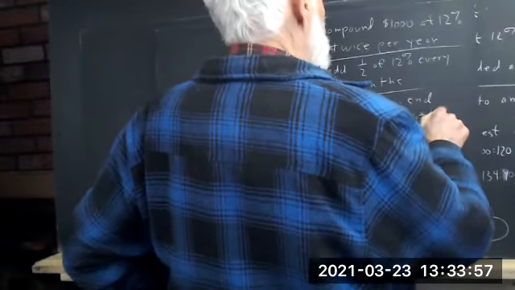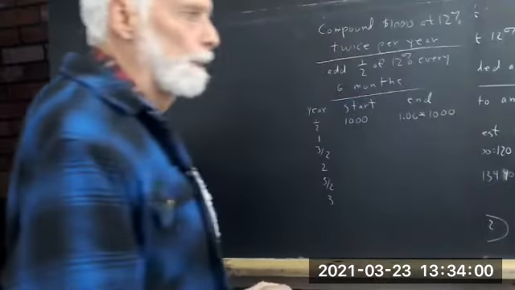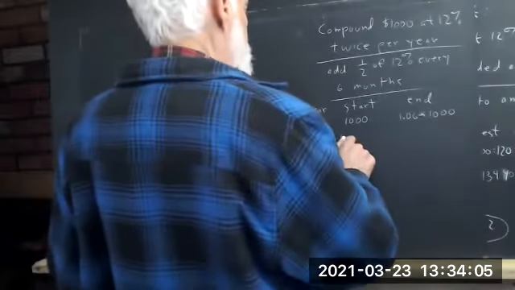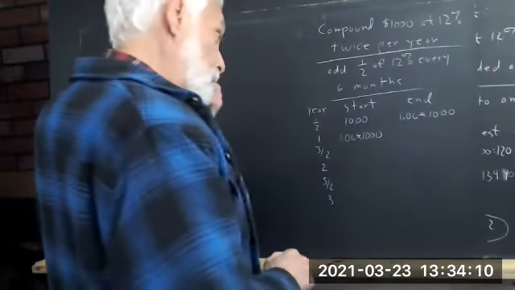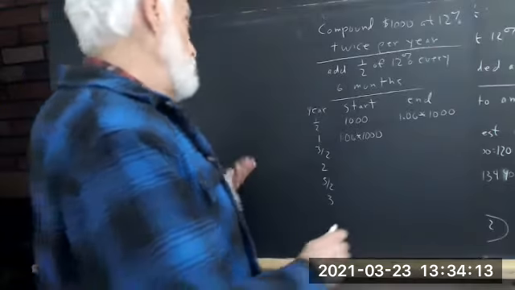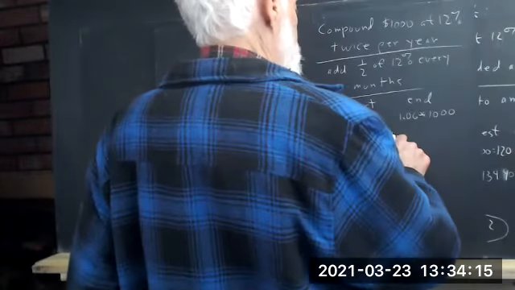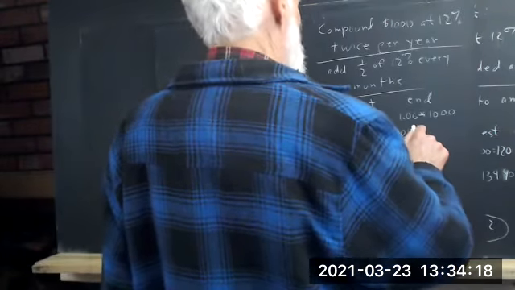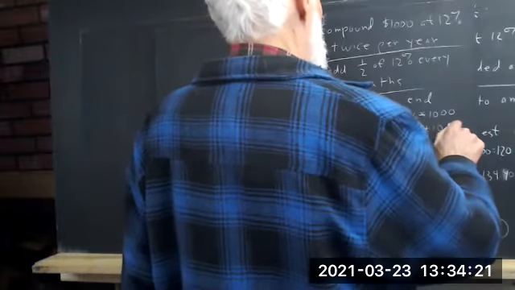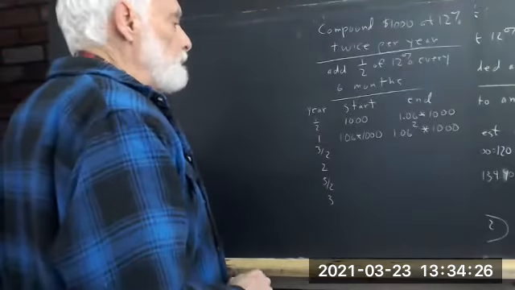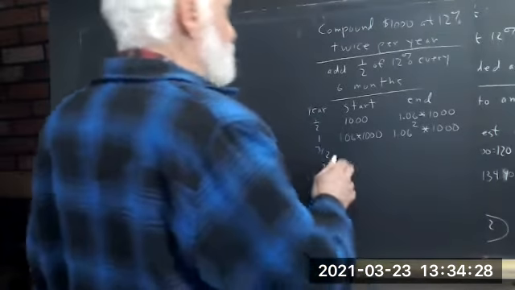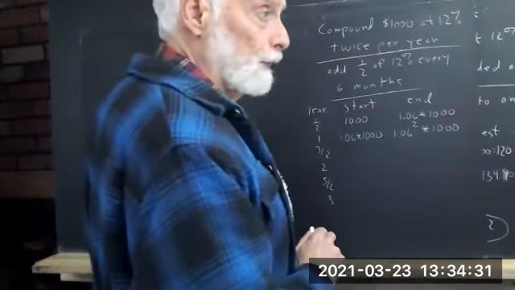We end up with 1.06 times $1,000. Then we start with 1.06 times $1,000, and we end with 1.06 squared times $1,000. Because, of course, we multiply this by 1.06.